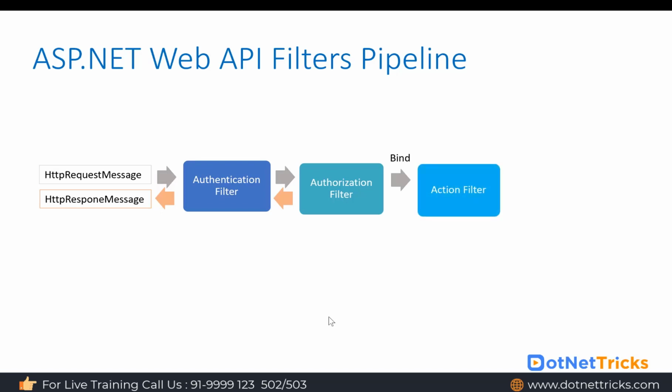When the data binding happens successfully, the action filter is going to be executed before executing the action. So here the action filter is executed two times, one time before the action execution and one time after the successful execution of the action. The action execution is done with the help of the logic you have written over there.